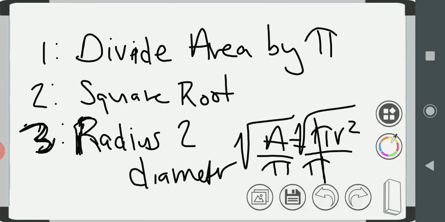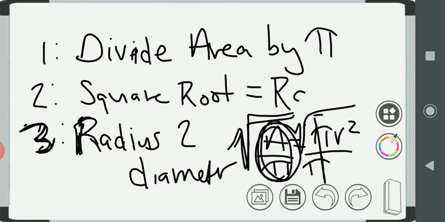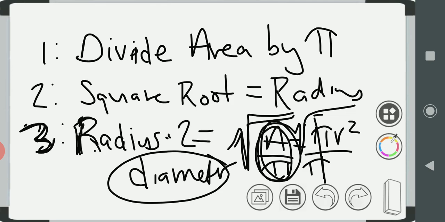So the first thing we did was take the area and divide it by pi, which gave us a number. Then we took the square root of it, and that gave us the radius. If we want the diameter, we multiply the radius by 2, and that gives us the diameter.